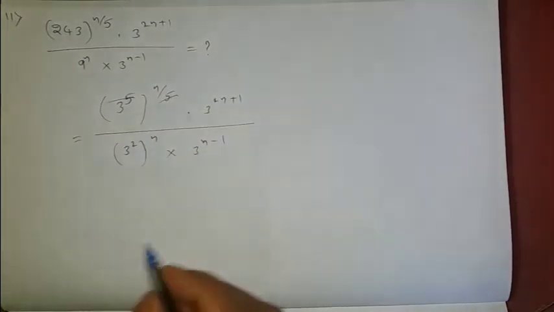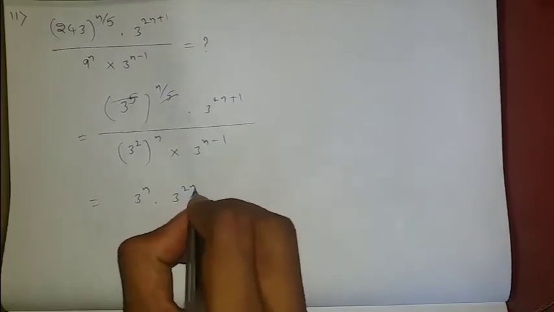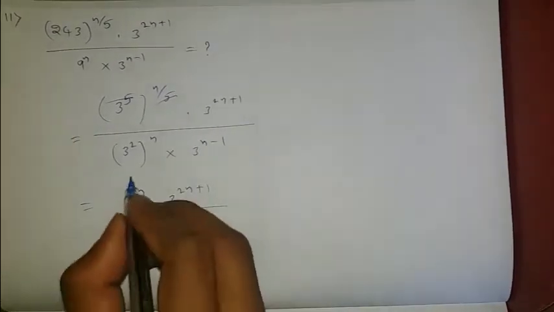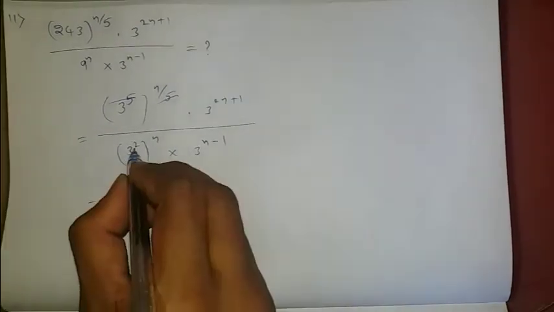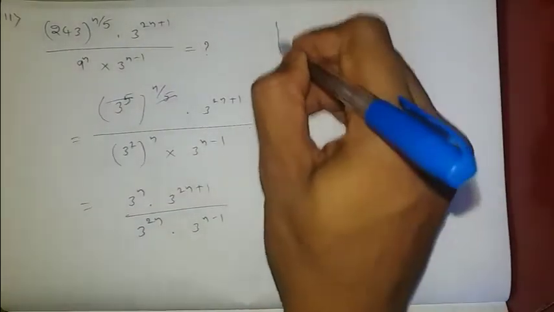Here 5 will get cancelled, so we remain with 3 power n into 3 power 2n plus 1, whole divided by 3 power 2n into 3 power n minus 1.